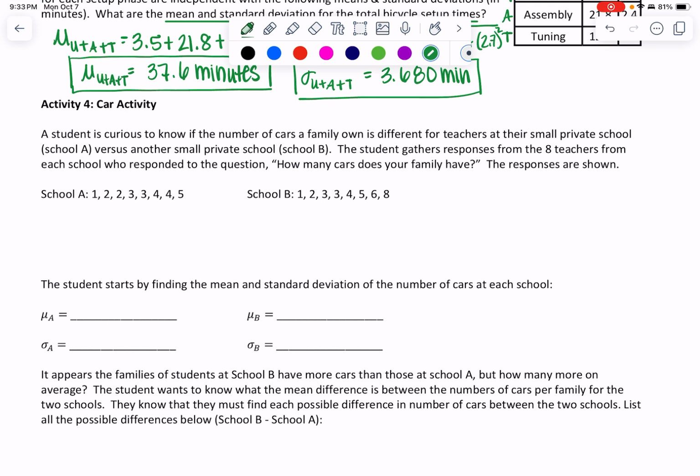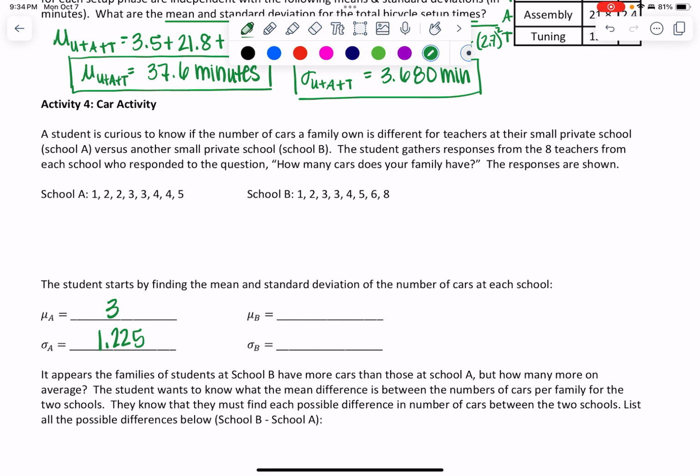1, 2, 2, 3, 3, 4, 4, 5. And 2, 3, 4, 5, 6, 8. So stat calc, let's do list. So our mean over here is 3, and our standard deviation is 1.225.